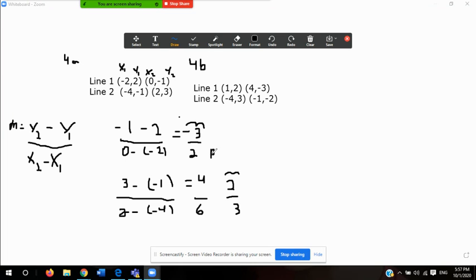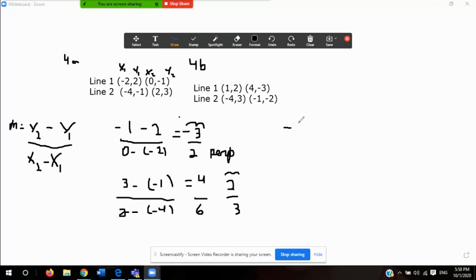So I'm just going to abbreviate it as PERP. Perpendicular, right? Now we're going to do the same thing on this side with our other lines, for example 4B. Again, this pair is x sub 1, y sub 1, x sub 2, and y sub 2. We just plug them into the formula.